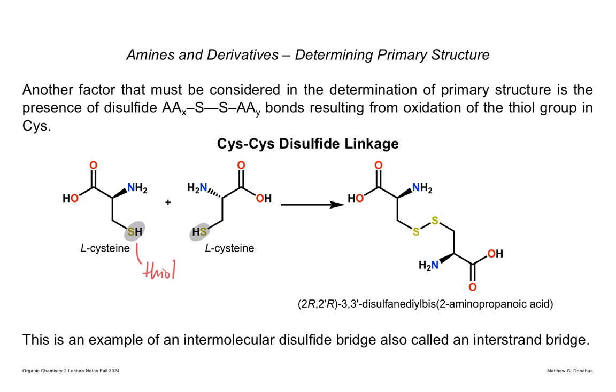And what's unique to those is essentially they can oxidize to form these disulfide bridges. And so again, that's unique to SH. Alcohols won't do that under sort of normal conditions. But if you form this bridge, it's called an intrastrand bridge.